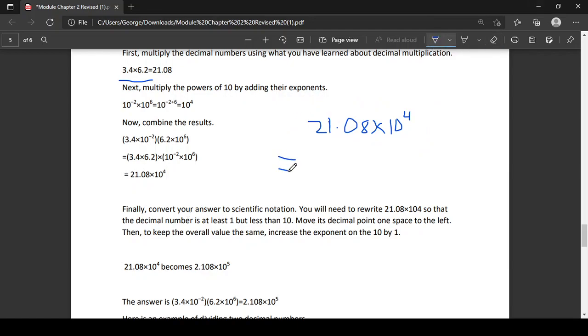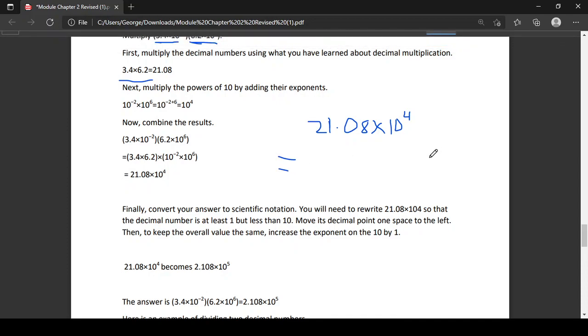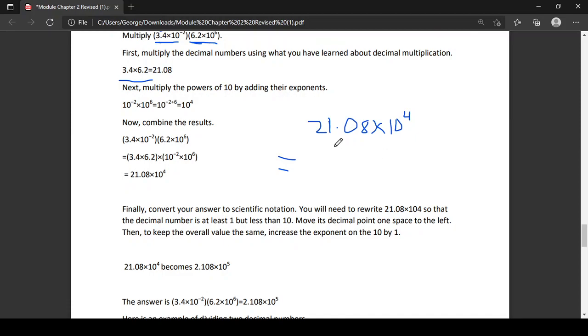Kids, is this less than 10 or more than 10? More than 10. So what do we do? We move it, kids, to the left. Right to left. Correct? So, 2.108. When we moved right to left, kids, how much is the exponent? 5.